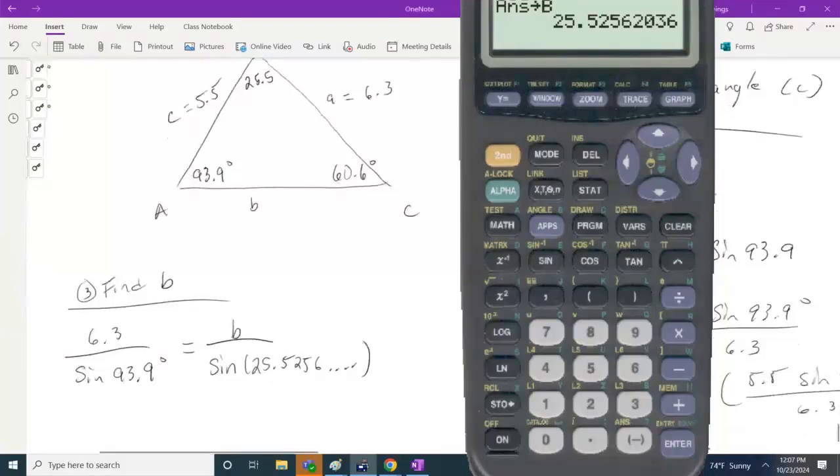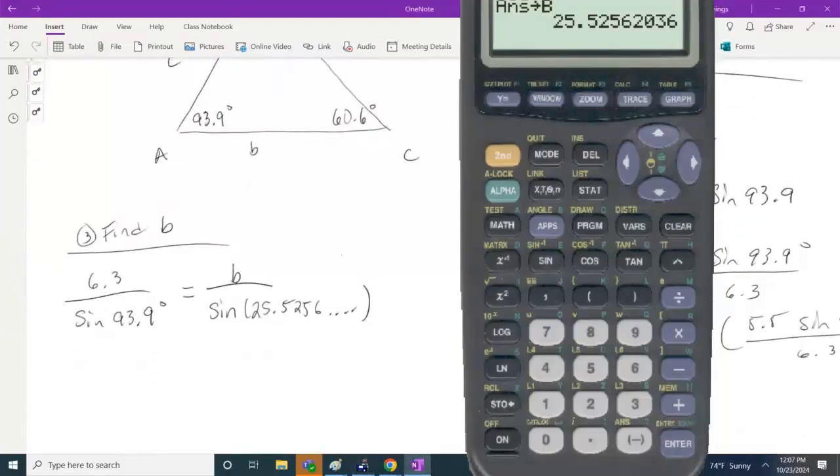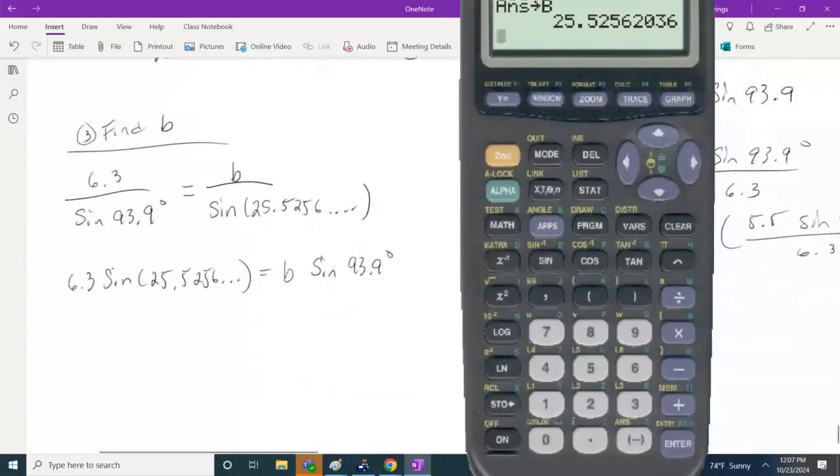All right. So now if I cross multiply, this is 6.3 times the sine of 25.5256..., which is equal to B times the sine of 93.9.